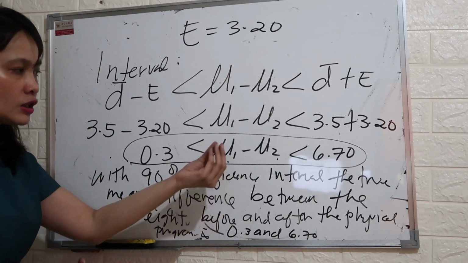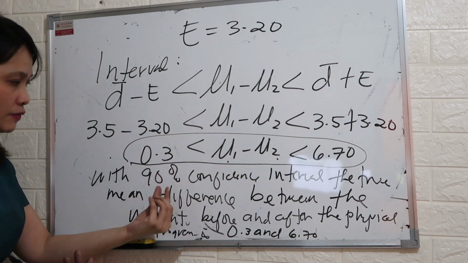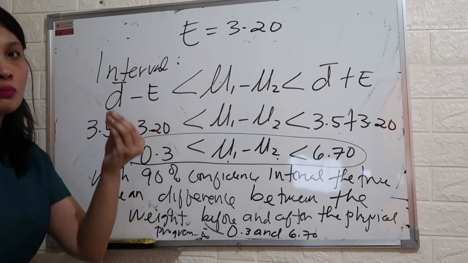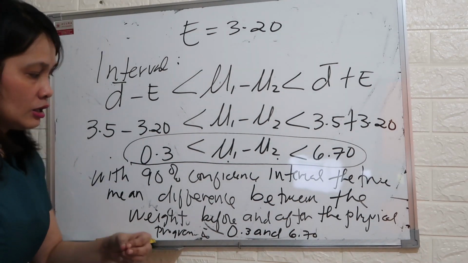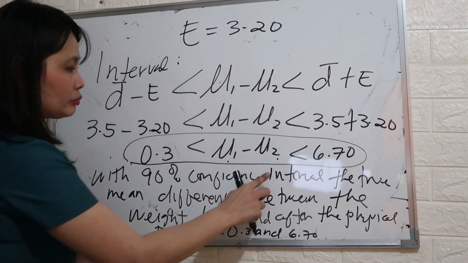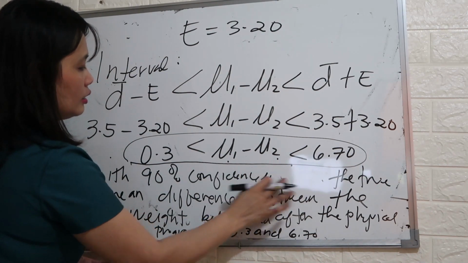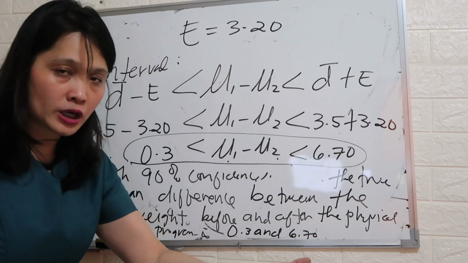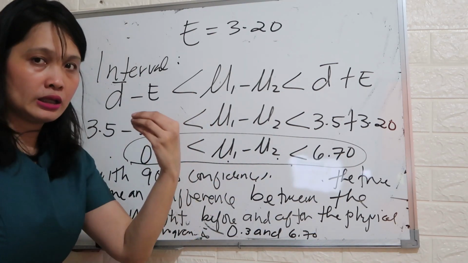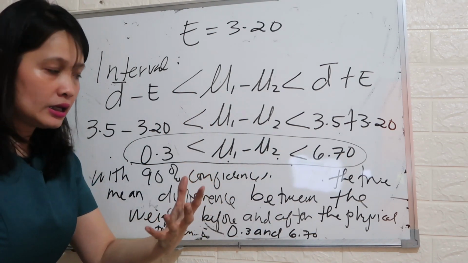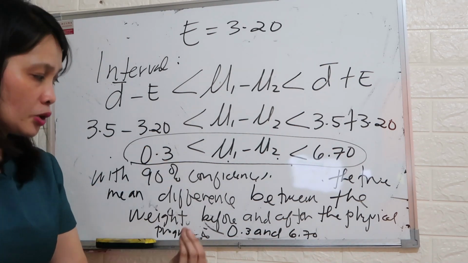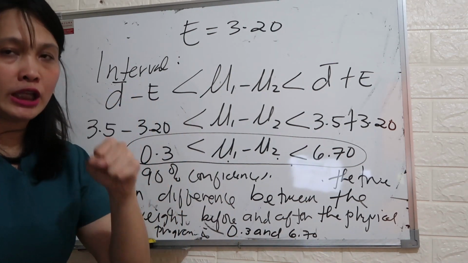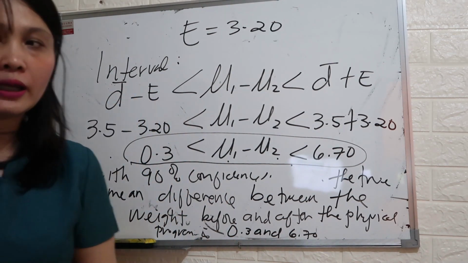With a 90% confidence interval, the true mean difference between the weight before and after the physical exercise program is between 0.3 and 6.70. So that is the 90% confidence interval.